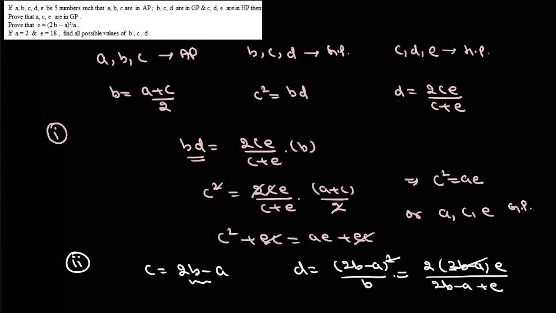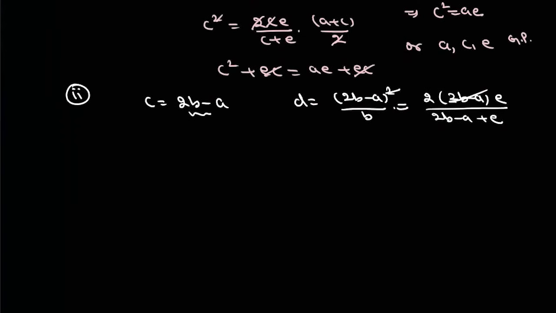Now this 2B minus A will cancel, we can write this as 2B minus A whole square plus 2B minus A into E, and they'll be equal to 2BE.